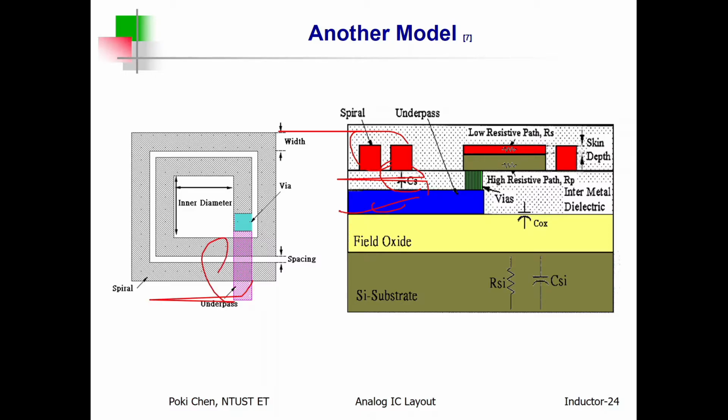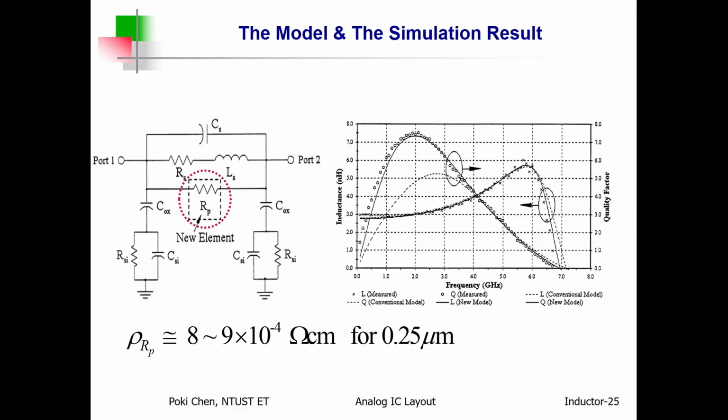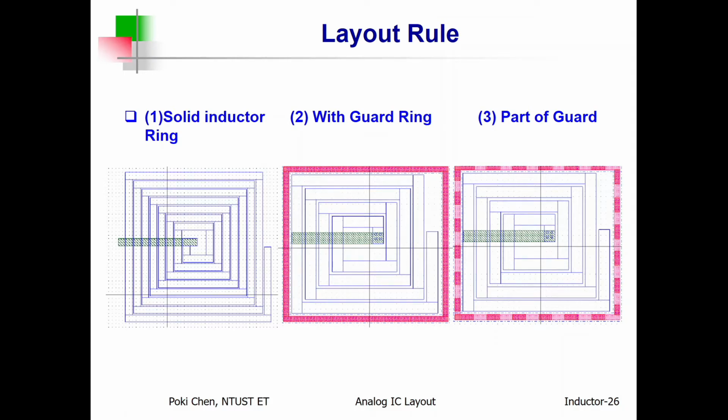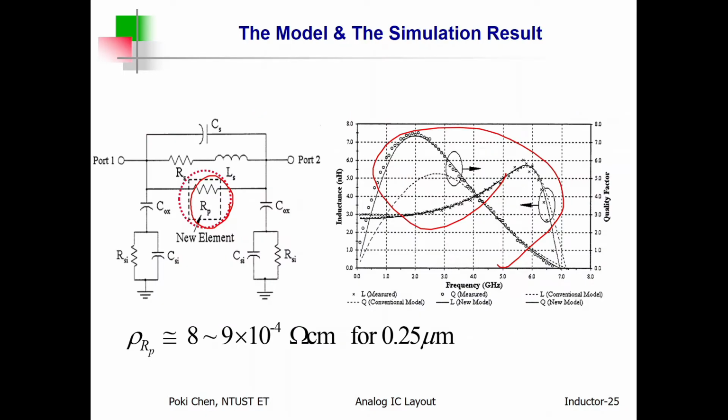Okay, here, underpass. So you can see the other model included such an RP, and so it is more accurate between the simulation result and the measurement result. That's it. Again, I pay no attention to this. If you are interested, you can look online.